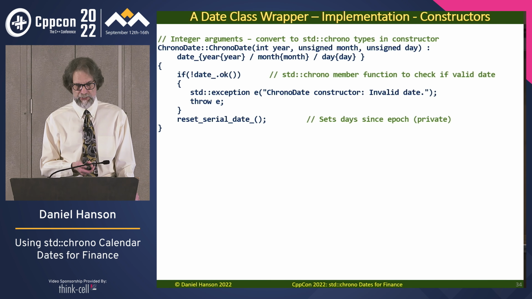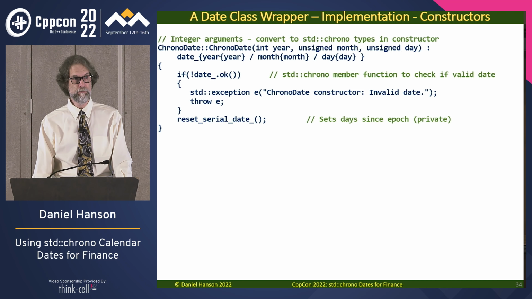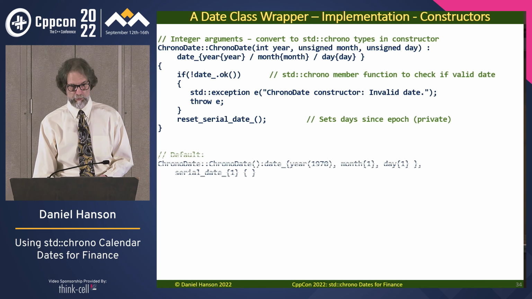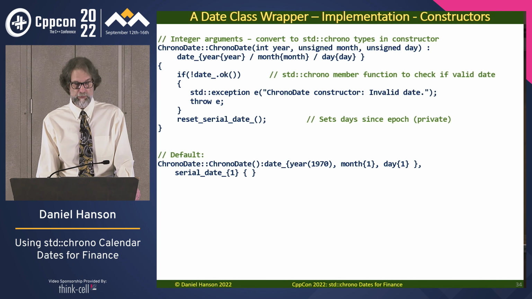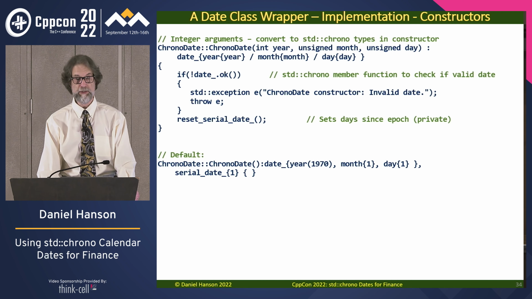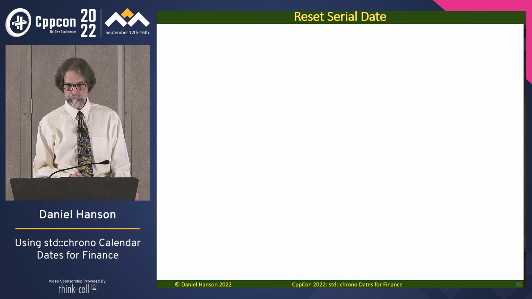Check if the date is valid, and then as long as it is, we call the reset serial date function, and it will set the corresponding serial date. The default constructor will just default to the Unix epoch. So this is just serial date 1, so you just initialize it.